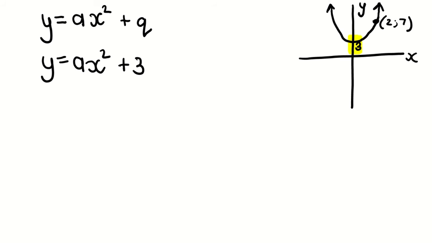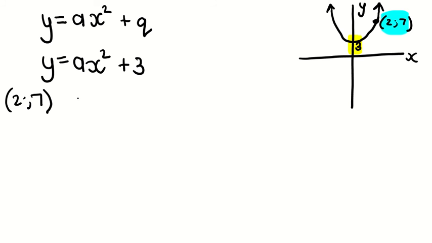What other information do we also have on the sketch? Yes, die ander koördinaat, né, wat hulle vir ons gee. We are going to use that to our advantage again. So ons gaan dit in y en in x se plek instel om dan vir a te bepaal. Okay. So we have the 2 and the 7. Remember, the 7 is the y, the 2 is the x. Want dit is mos eintlik (x; y).